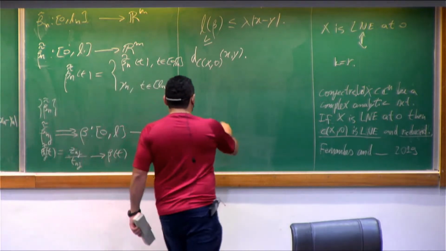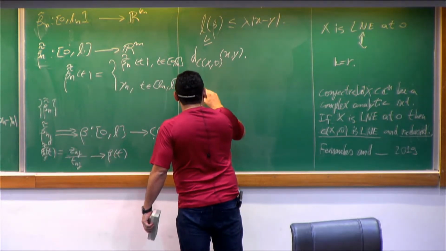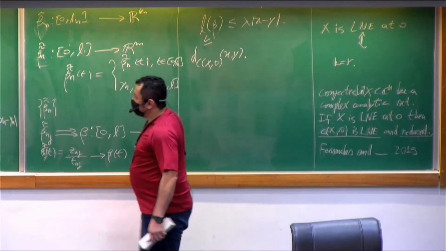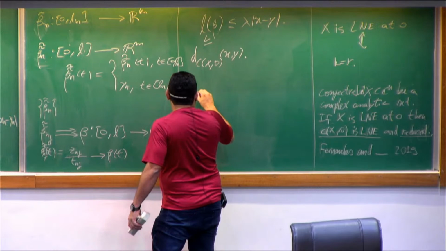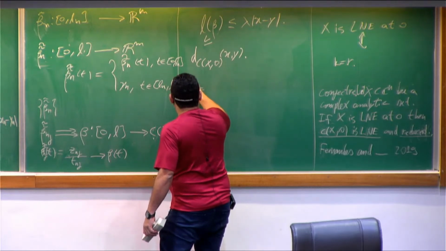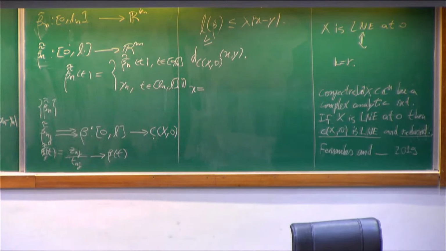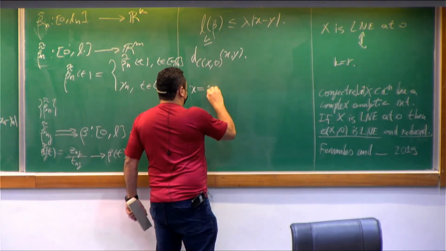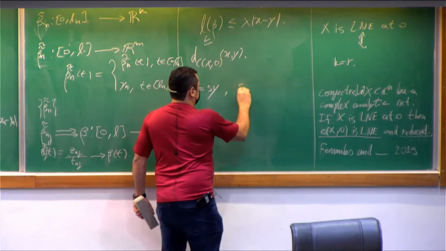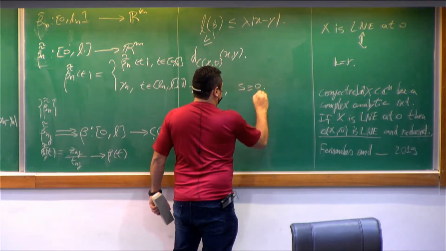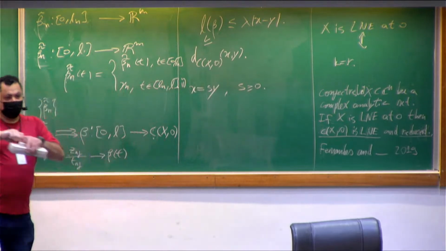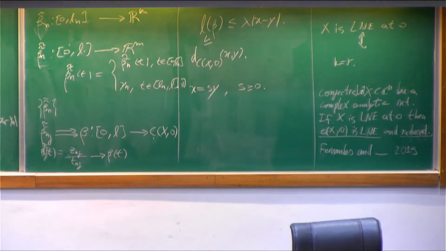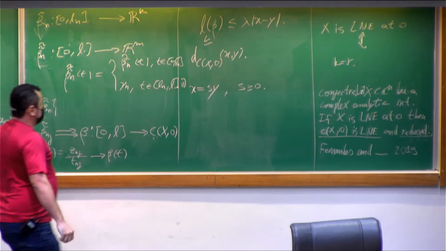But now, let me assume, of course, it's easy. Let me write this as case 1. Case 2 is when x is a multiple of y, x equals s times y for some s greater than or equal to 0. So we have a line connecting in the tangent cone there. Of course, if you have a line, it's easy.